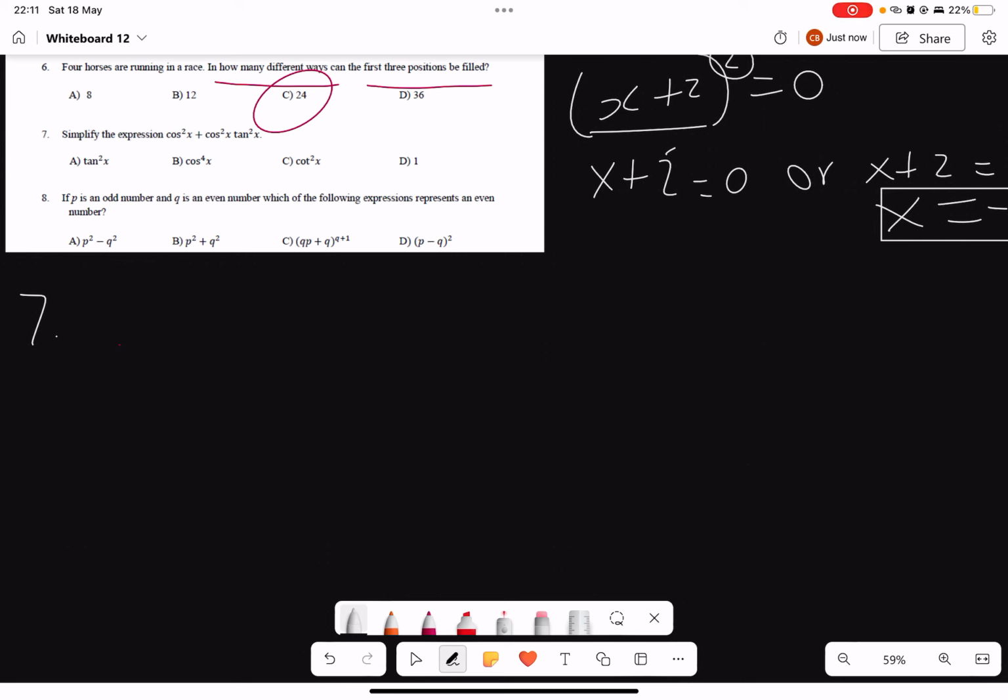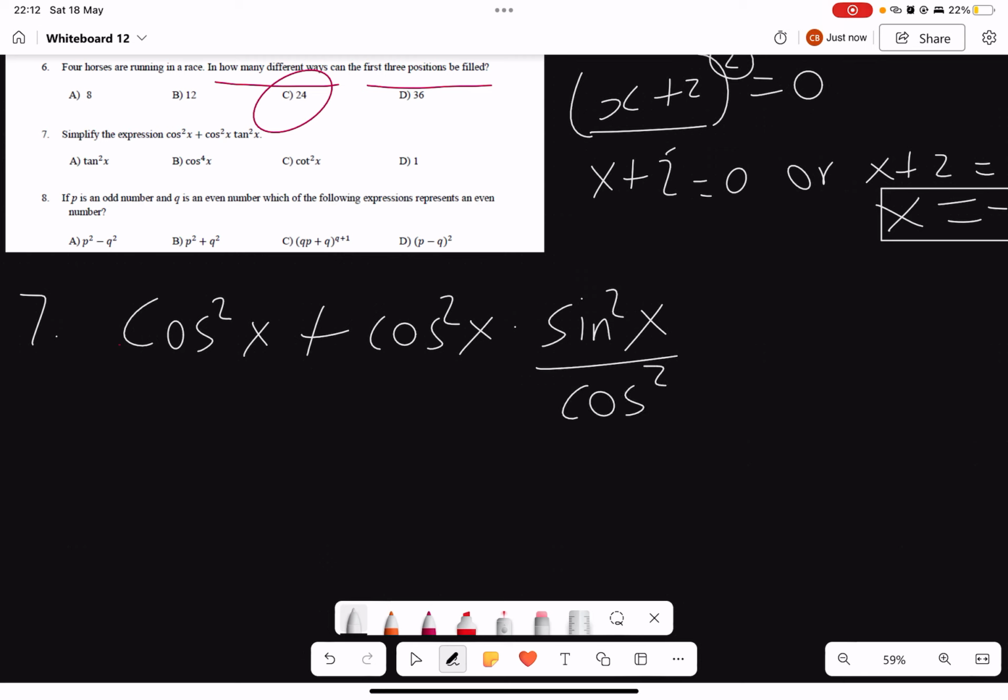Okay, guys, always when I see tan, I have to change it to sine over cos. So here I have cos squared x plus cos squared x, multiplied by the tan that changes to sine squared x over cos squared x.